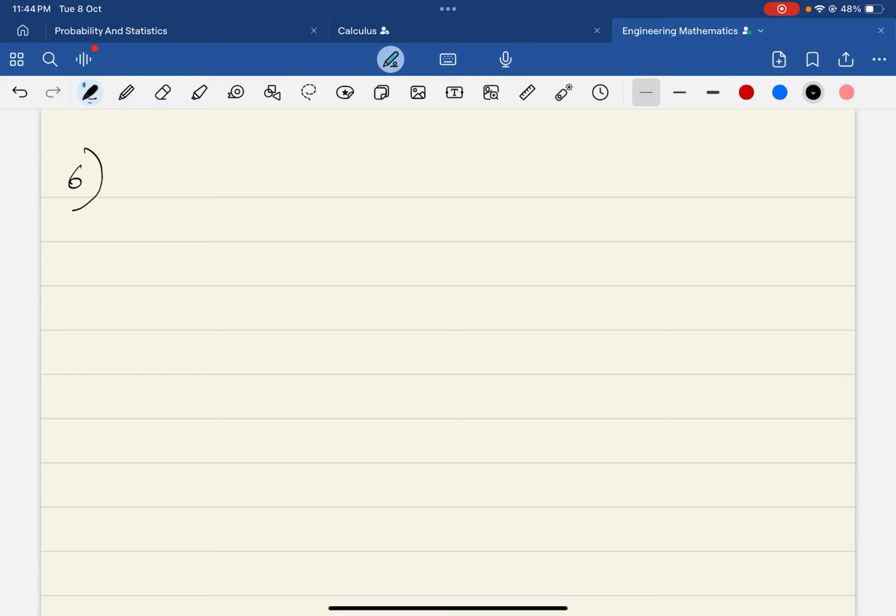So the sixth problem is 1 minus x square times dy by dx minus xy is equal to 1. Again, it is not in the standard form. So what we do? We divide by 1 minus x square.